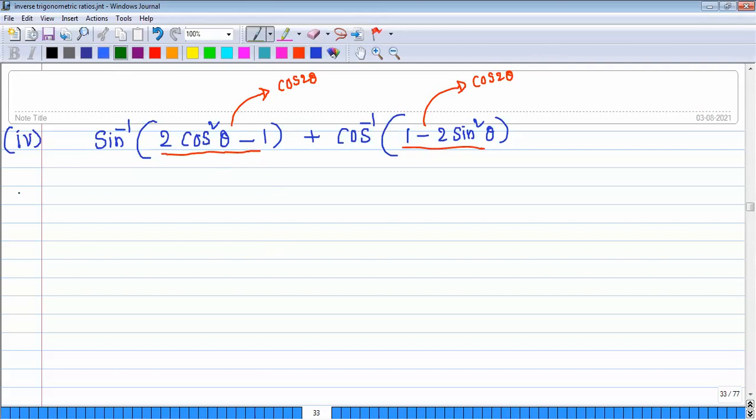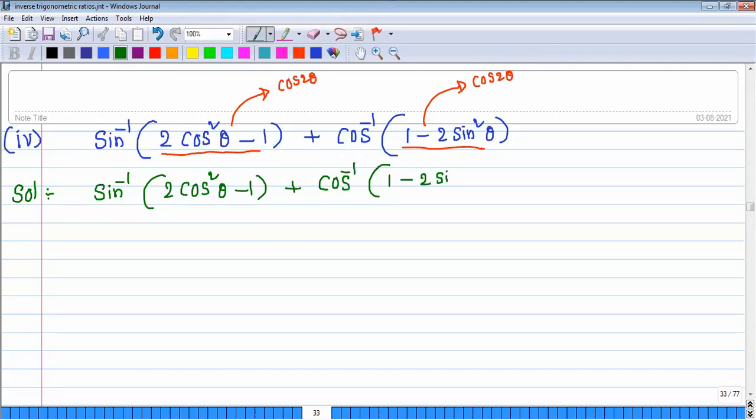So let us proceed for the solution now. Sine inverse of 2 cos square theta minus 1 plus cos inverse of 1 minus 2 sine square theta.